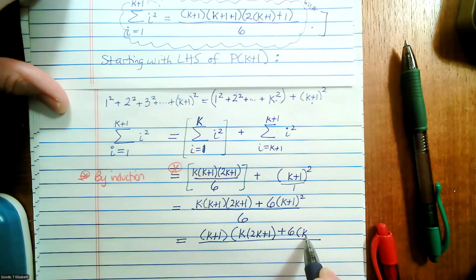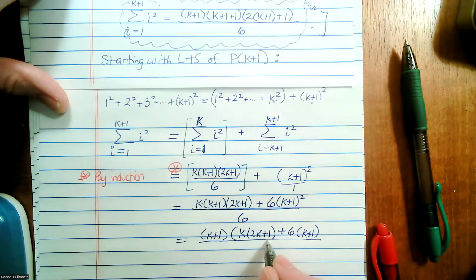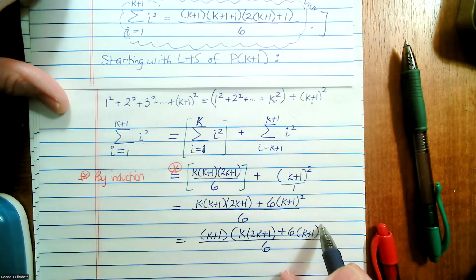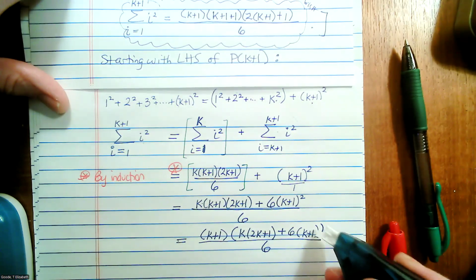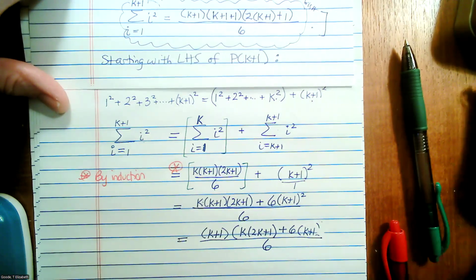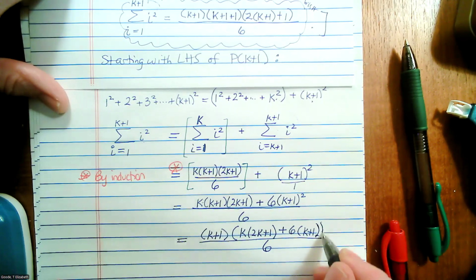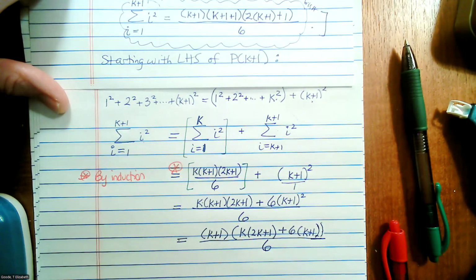Yep, there's a k plus 1 and the 6. Thanks, Jonathan. And we're still sitting over 6, aren't we? So that's nice, because now we've got a single quotient. Do I need one more parentheses? I think I do. Can't watch myself on the screen because then things get wonky. Somebody wants me. All right.